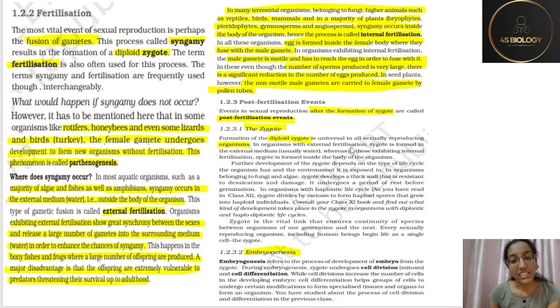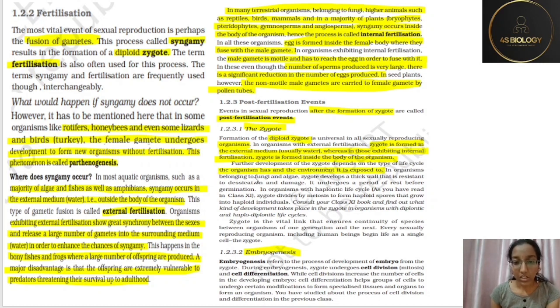In organisms with external fertilization, the zygote is formed in the external medium, usually in water. Whereas in internal fertilization, it is formed inside the body of the organism, right? Next, further development of zygote depends on the type of life cycle the organism has and the environment it is exposed to.